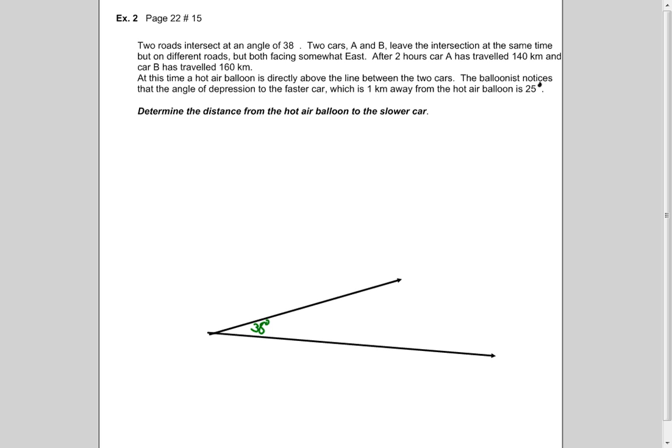After 2 hours, car A has traveled 140. So this is car A. And this is car B, and he has traveled 160. And this was the corner where they met, so let's call it C.